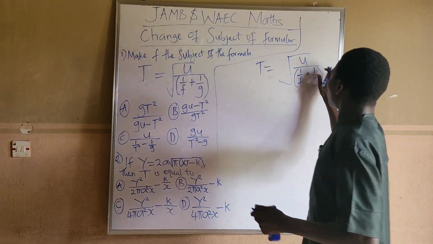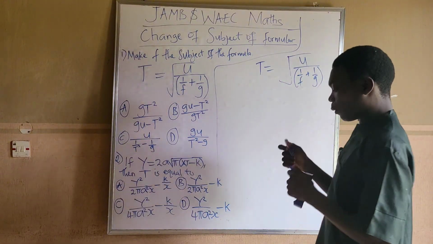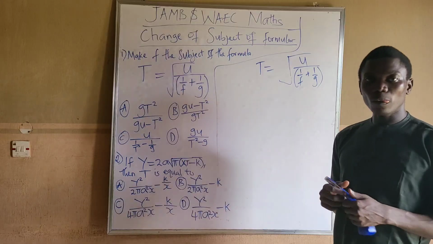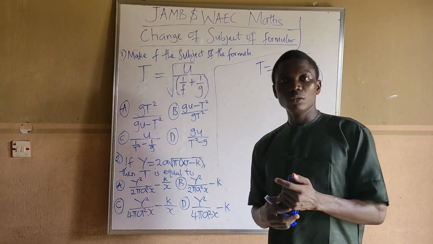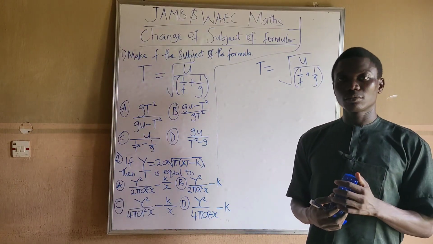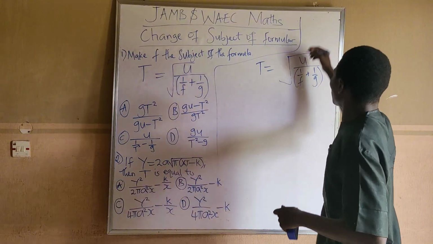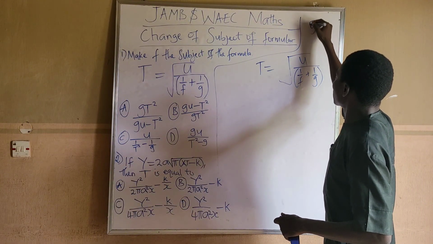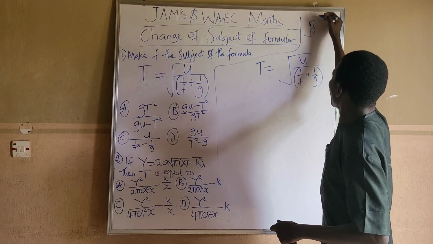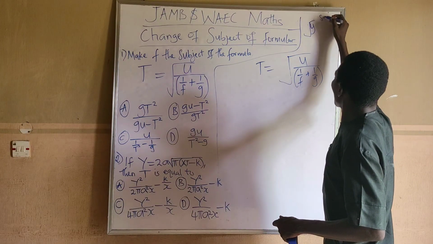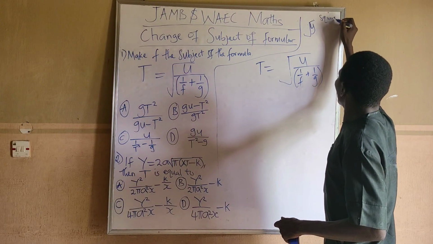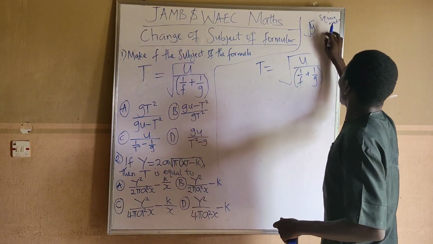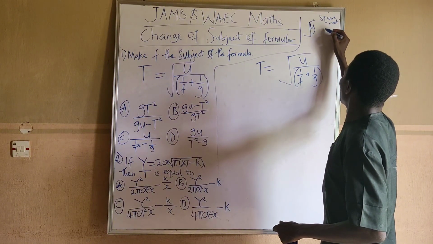Okay, so to cancel this square root, one thing I used to say is that whenever you want to cancel square roots, you take the square of both sides. When we talk about square root, for example, if I have y and I have square root, this is called square root. So if you want to cancel square roots, you use what?